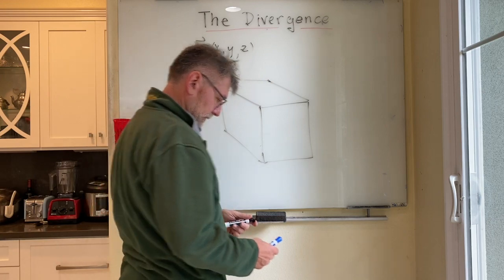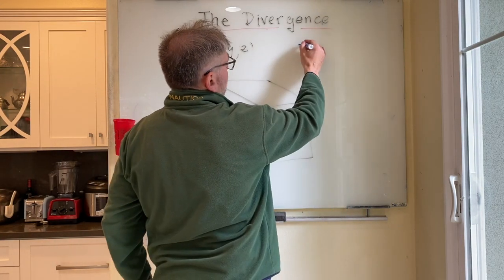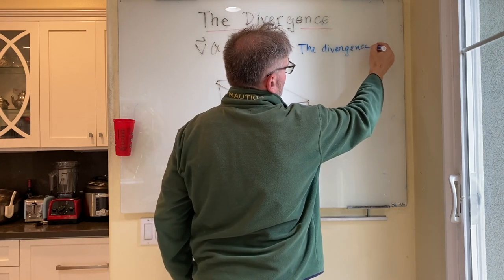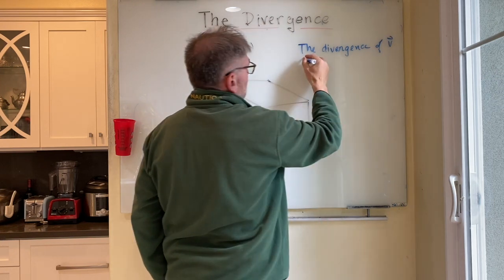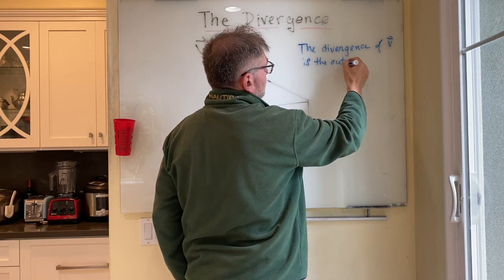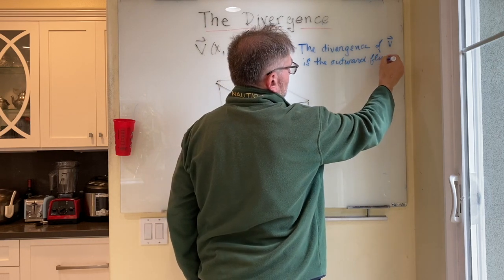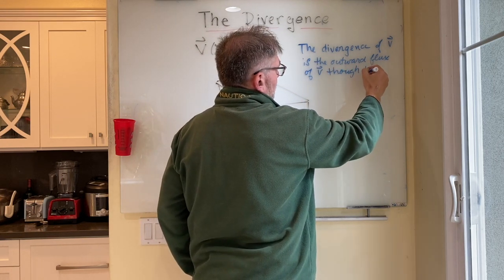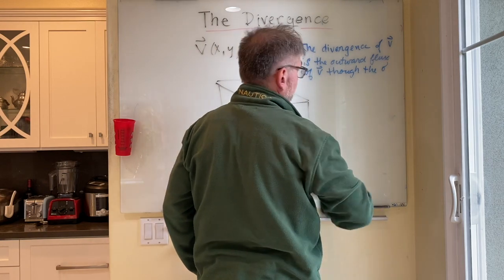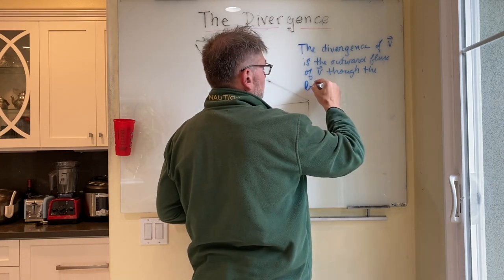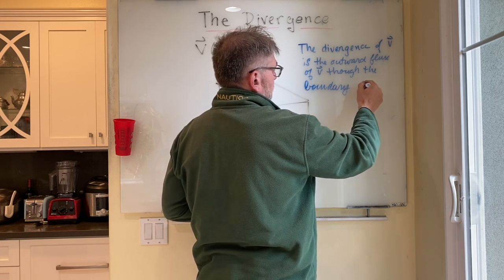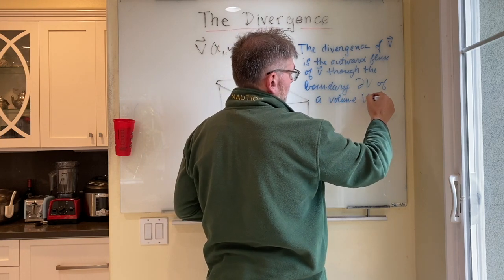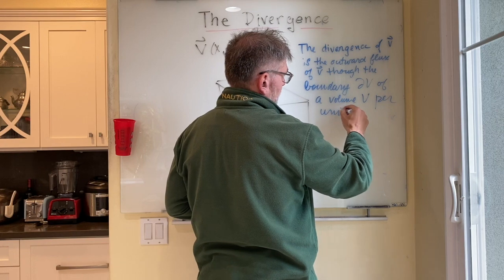So the divergence of V is the outward flux of V through the boundary dV of a volume V per unit volume.